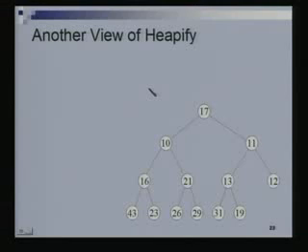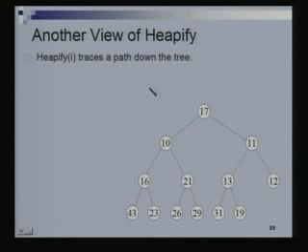Now we'll present a second view of heapify, which will help us prove the correctness of heapify very easily. Heapify essentially is tracing a path down the tree. In our previous example, this path was these blue colored nodes. These were the nodes whose contents we modified.